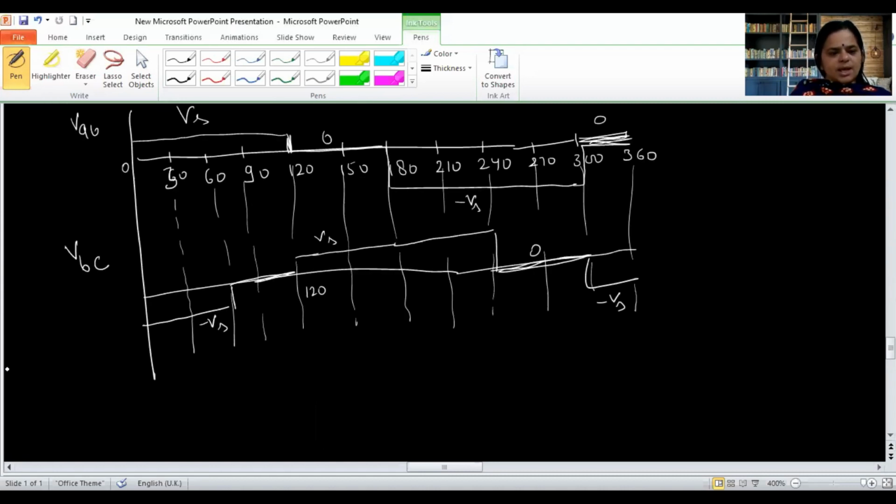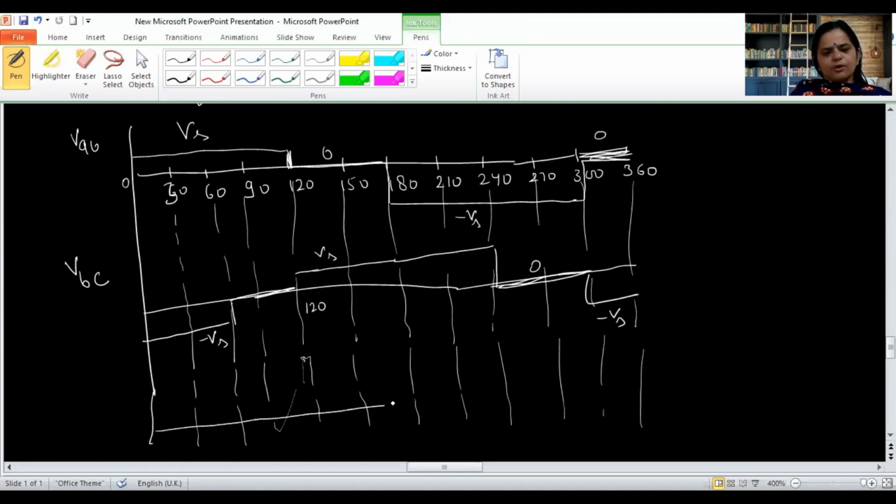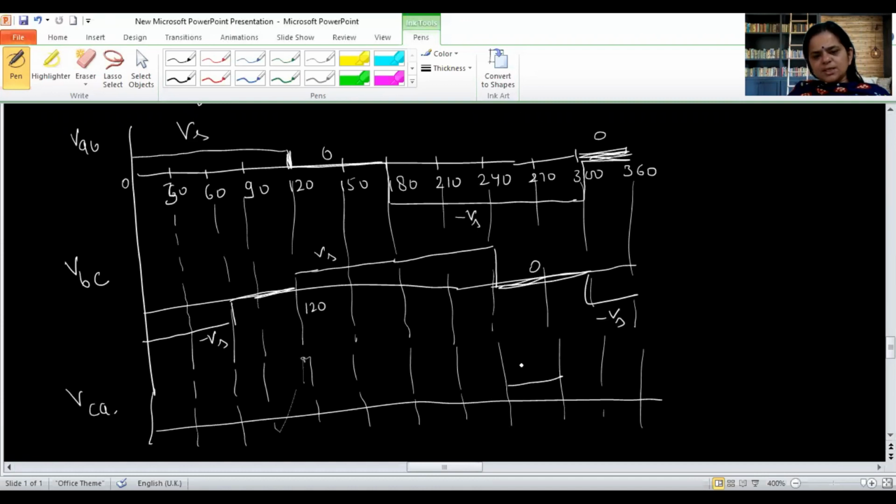Now, the last waveform which we are going to plot is VCA. Now VCA, the value of Vs will be here and it will continue for 120 degree and here also. Then it will be 0 for 60 duration.